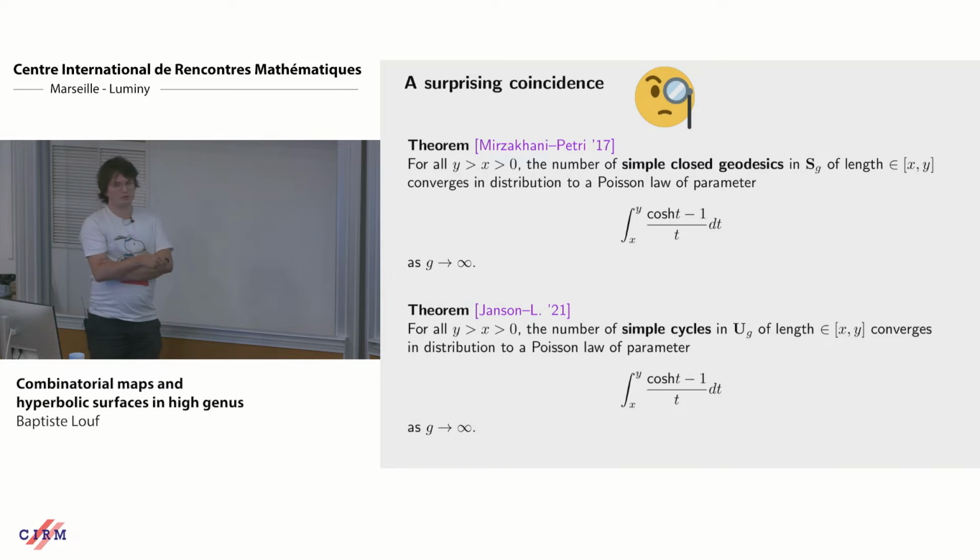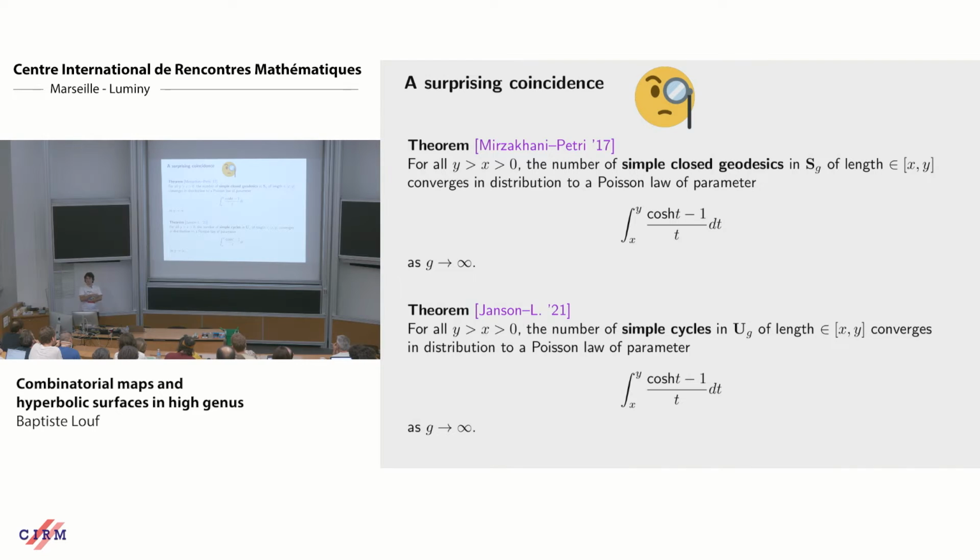And two years ago with Svante Janson, when I was in Uppsala, we studied the same thing, but on our model U_G. So we studied the number of simple cycles of a given length, and it turns out that it converges to the same Poisson law with the same parameter. To be honest, we didn't study U_G exactly. We studied a more complicated model, but when I talked with Nicolas and also Cyril Marzouk and Igor Kortchemski, it turned out that you get the same result with this simpler model.